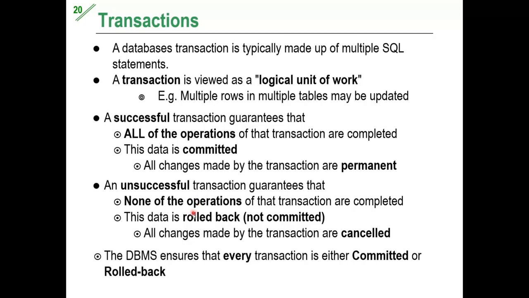Okay. So we have a command called rollback. So we can inform the database management system, okay, roll it back. Okay. So every transaction, meaning a database logical unit of work, either needs to be committed or rolled back in order to make the database consistent, right?